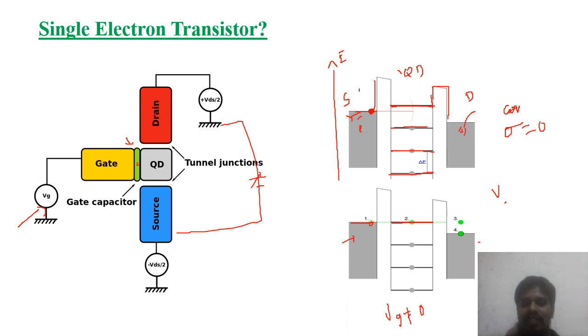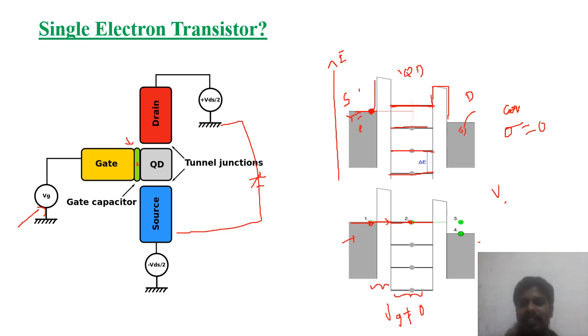So now the electron can tunnel through this barrier, because the energy level in the quantum dot and the Fermi energy of the left-hand side source are matching. The electron can tunnel through because the size of the quantum dot is up to a few nanometers, and the junction region is even less than a few nanometers.